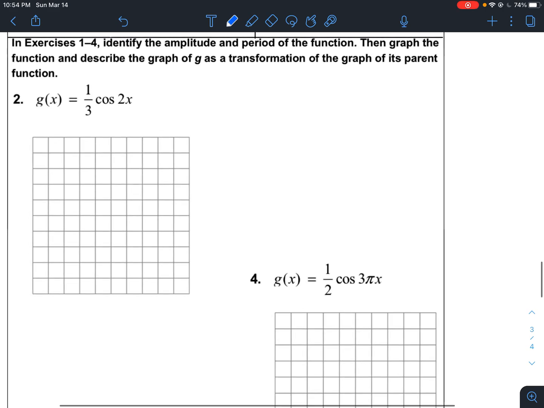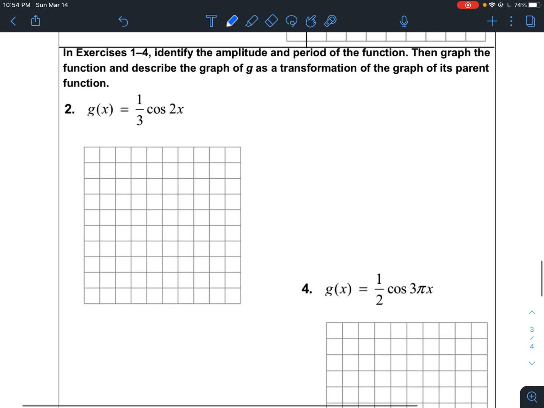Alright, now I want to give you guys some practice on your own, so I recommend that you try these ones out on your own. So again, cosine and sine functions are pretty much the same thing. Sine functions start in between your max and your minimum value, while the cosine function just starts at your max value.